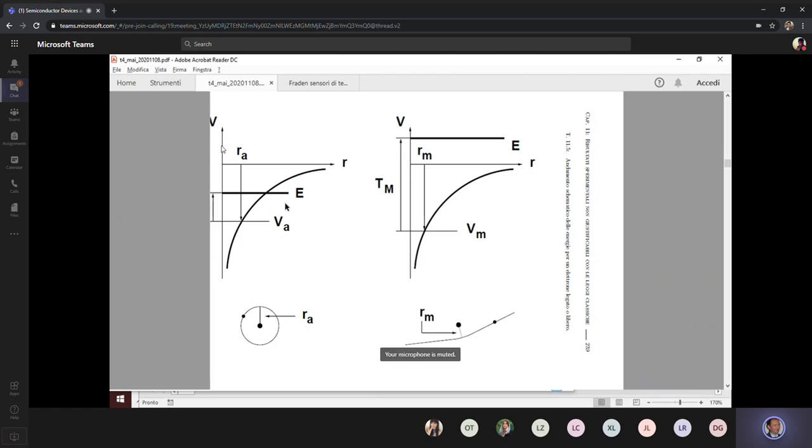So in this case, there are two possible cases. The first is that the interaction is such that the total energy of the electron changes because of the interaction, but stays negative. So it may become smaller than the original one or larger, but still negative.